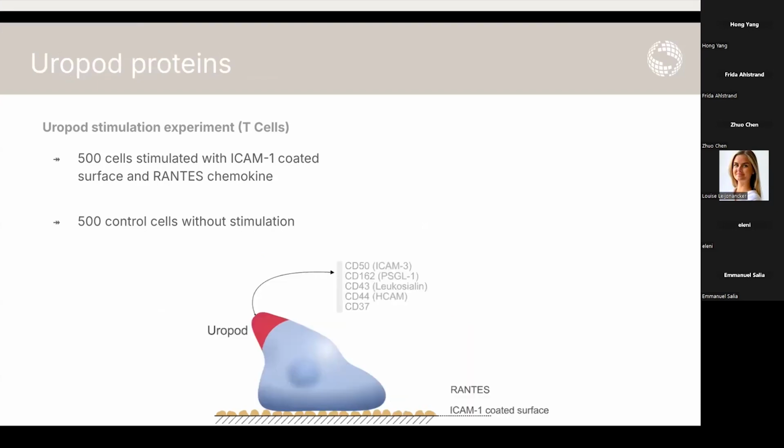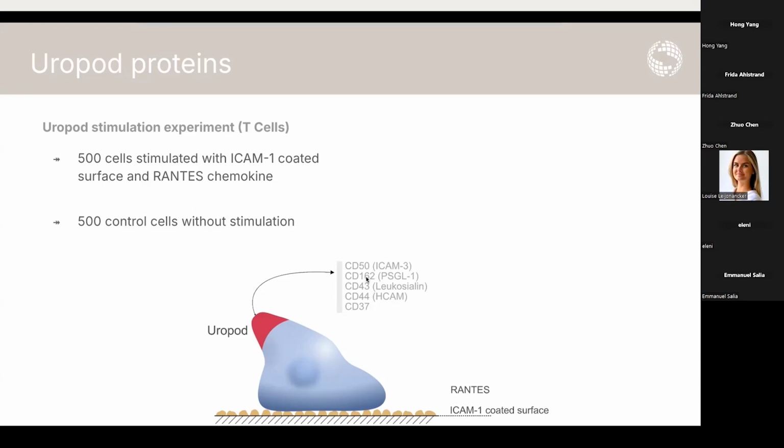In that process, T cells tend to form a structure called a uropod, which basically helps them move along the surface that they attach to. And from the literature, we know that these uropod structures are characterized by the clustering of a few different proteins.